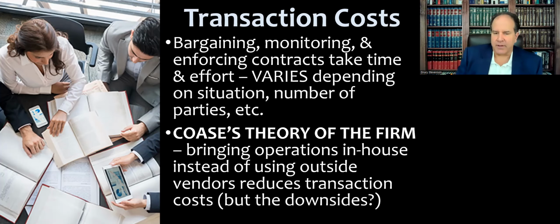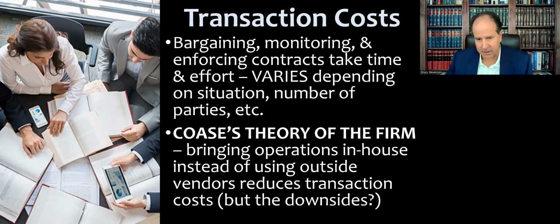Let's say the law firm needs to make lots of photocopies, but copy machines are really expensive. And so let's say you open your firm across the street from a copy center like a Kinko's, so that every time you need to photocopy anything for a client, you could just go next door or go across the street to the Kinko's.